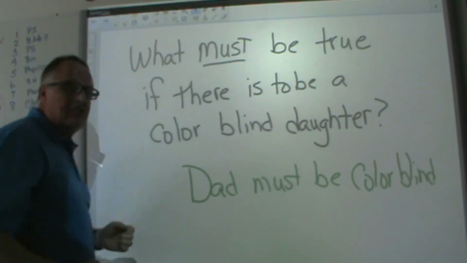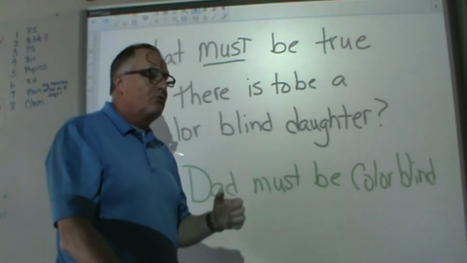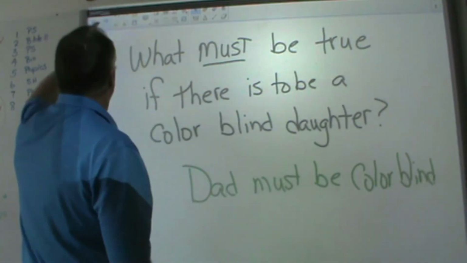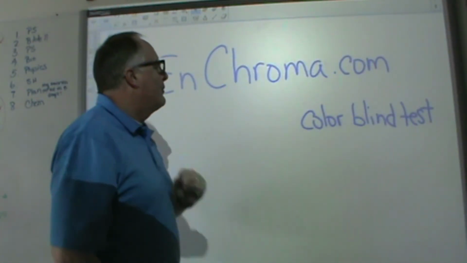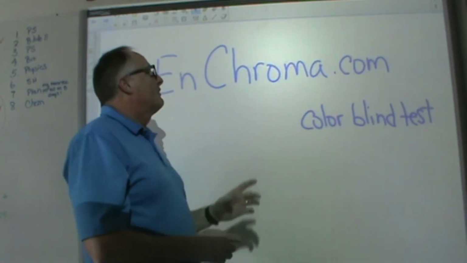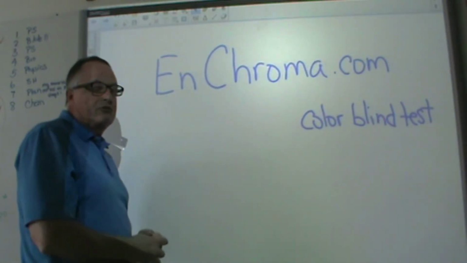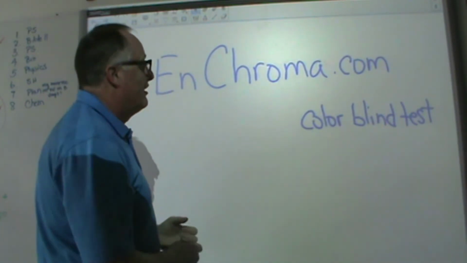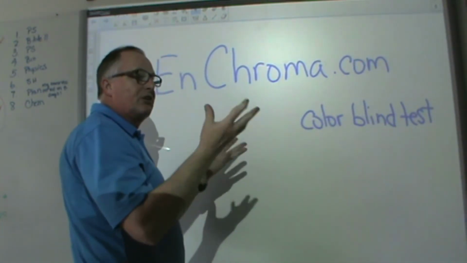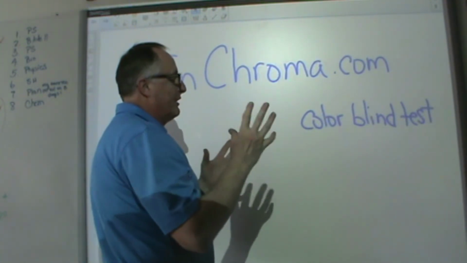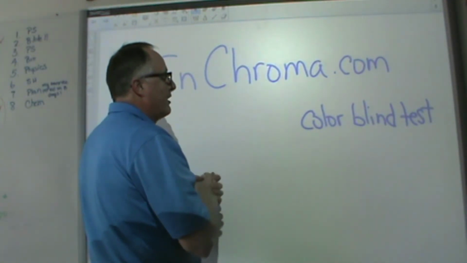All right, if you want to check colorblind tests, if you want to see how they test, you can go to enchroma.com, and it just goes to their homepage, and they'll try and sell you some really cool glasses. You can put on glasses and it kind of helps, it corrects some color blindness a little bit, not completely, but it does give you some color.